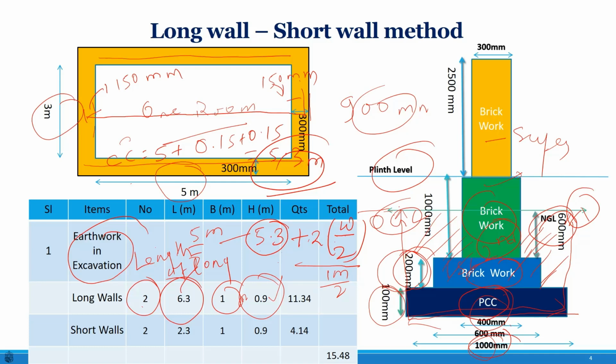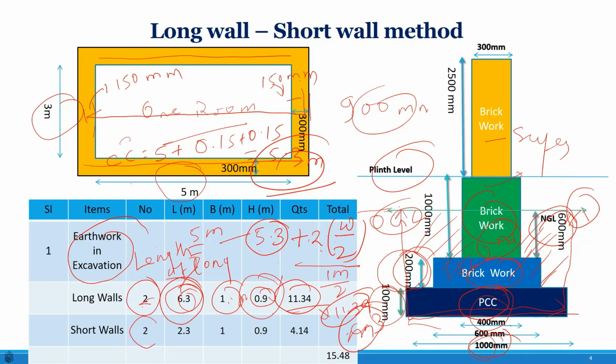So the total length is 5.3 plus 1, that is, the length of the long wall is 6.3 meter. Now we can arrive at the total quantity: the number of long walls multiplied by the width, then the length, and then the height of the long wall. So the total quantity comes out to 11.34 cubic meter.